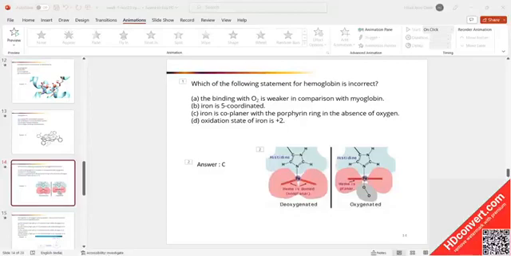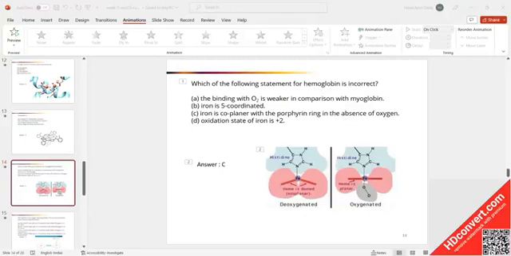So in hemoglobin, the oxygen carrying protein, if you see deoxyhemoglobin, the iron is in the 2+ state, but when oxygen binds with it, it comes to the iron 3+ state, and at that stage it comes within the plane of the porphyrin ring.